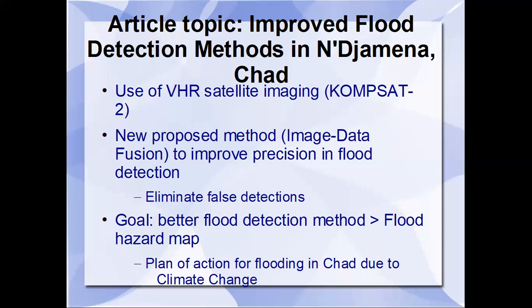So in the original simple subtraction method, many issues were being detected. They had a lot of false detections because it would just read these permanent water bodies as a change, even though it doesn't necessarily determine a flood.